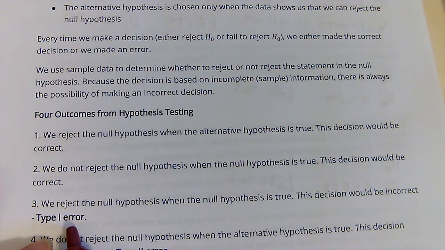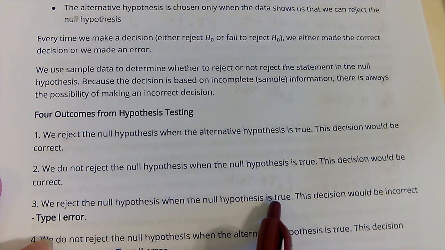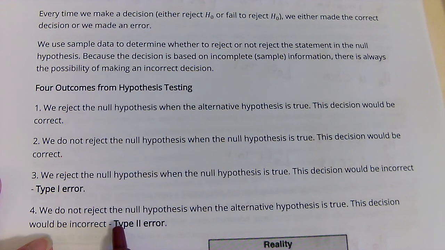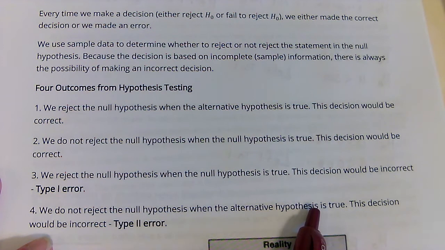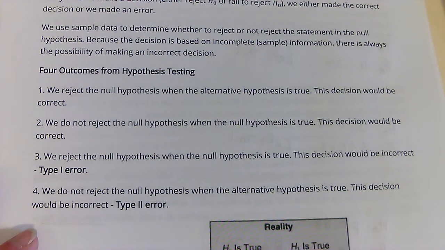This is like saying that the person is guilty when they are innocent, when the null is true. Now the other type of error, we do not reject the null, but the alternative was true. This is saying that we failed to convict them when they really were the bad guy.